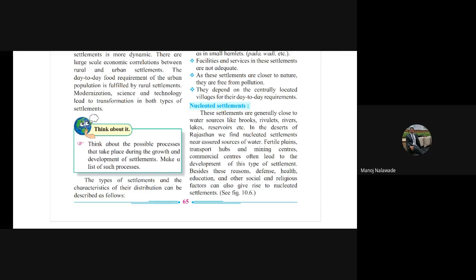In the desert of Rajasthan, we find nucleated settlements near assured sources of water. As I told you, there are some places in the desert where there is a source of water. So many people come and get settled around that source of water, because water is a very basic need for people.